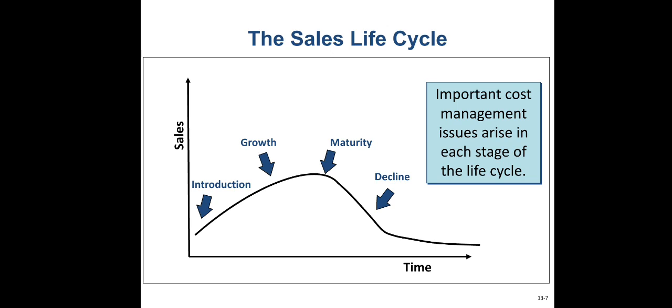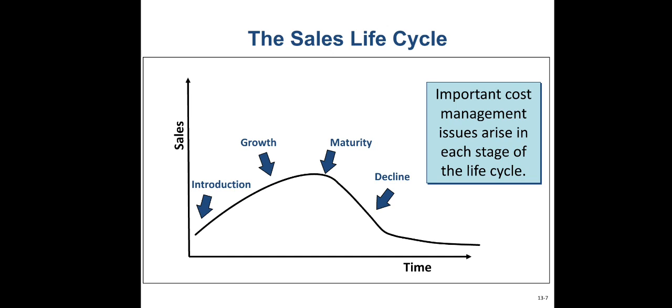the quantity. So you can see here in the left side of the graph, you can see sales number or sales quantity, and then the x-axis is the time. So you can see at the beginning of the introduction of the product, there will be a small quantity of sales, and then you will see growth step where the sales quantity will increase.